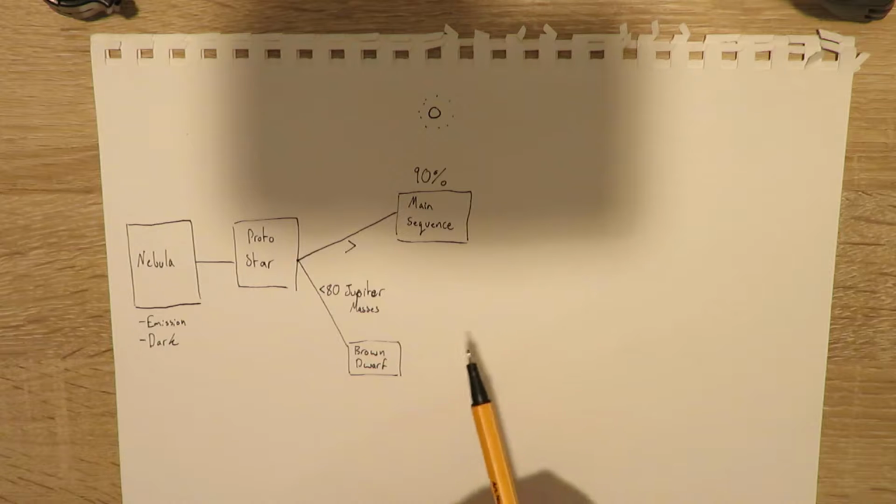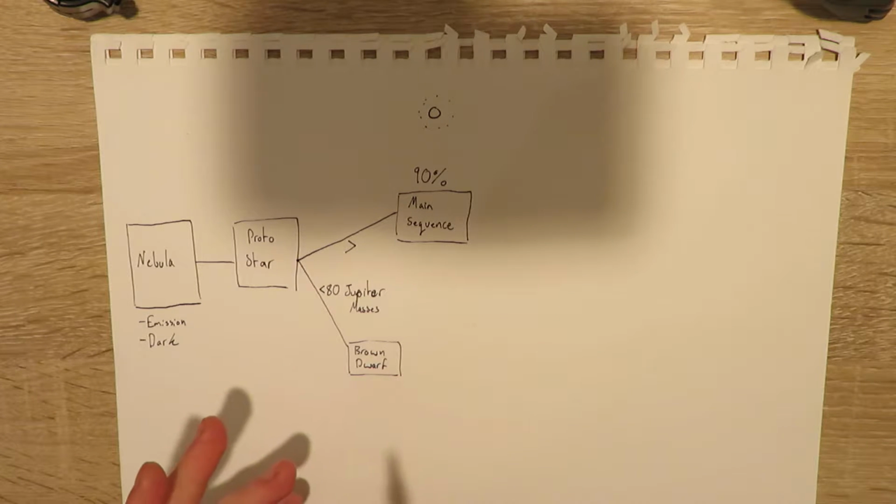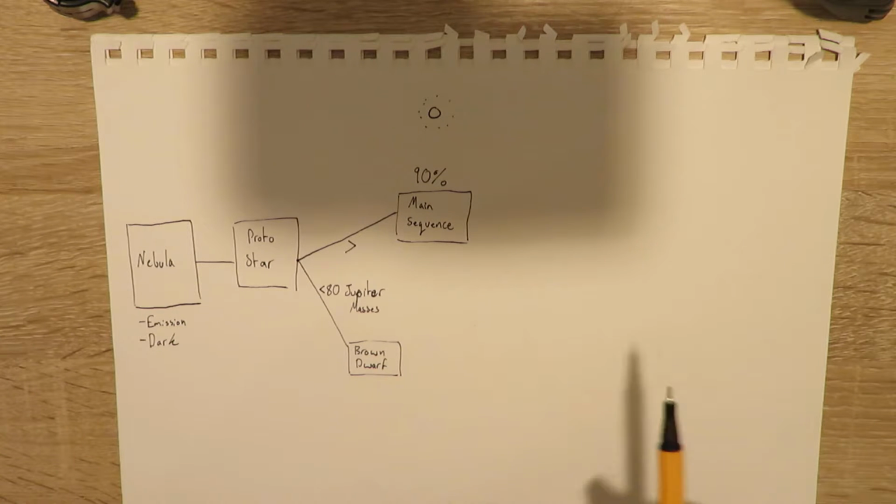And the minimum temperature to fuse hydrogen is about 10 million degrees Celsius, and so this 80 Jupiter masses is more or less the minimum to get hydrogen to 10 million degrees Celsius so it can fuse.